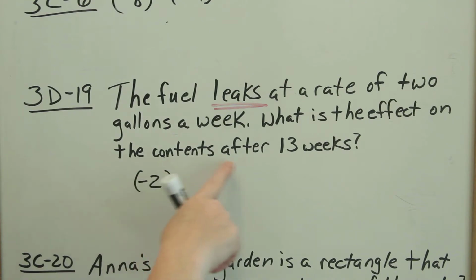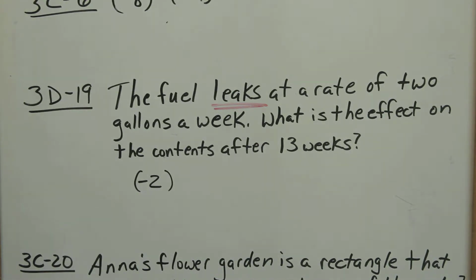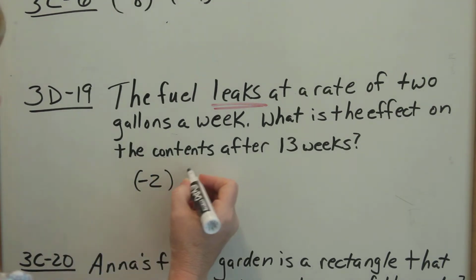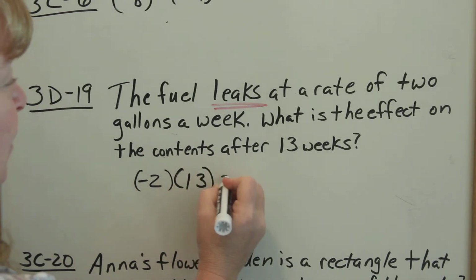What is the effect on the contents after 13 weeks? Well, the first week, I lose 2 gallons a week. The second week, I lose 2 gallons a week. The third week, I lose 2 gallons a week, etc. What operation do you need to do? You need to multiply. For 13 weeks, you're going to lose 2 gallons a week. So negative means you're losing 2 gallons a week, and then we're multiplying times 13.